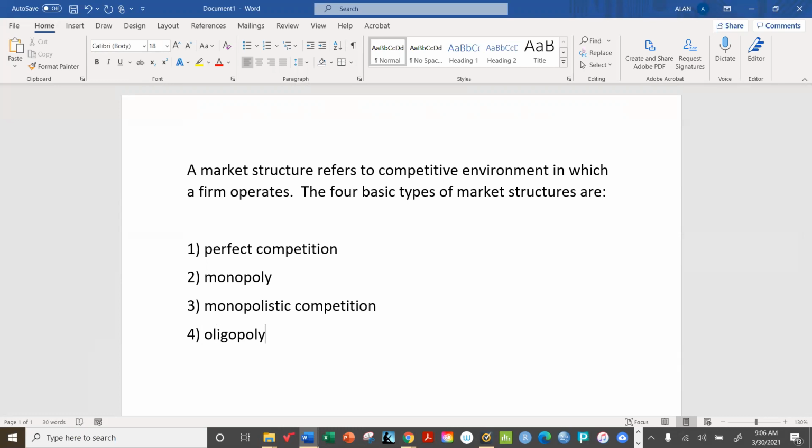So, for example, aircraft, how many producers are there? There's Boeing, there's Lockheed, there's Airbus in Europe. There aren't that many of them. So that type of industry would tend to be characterized as an oligopoly because they're not monopolies, but they're getting very close to it.